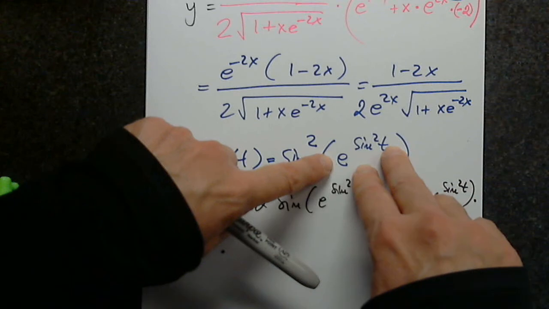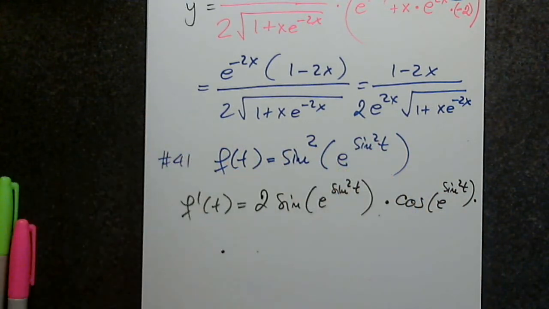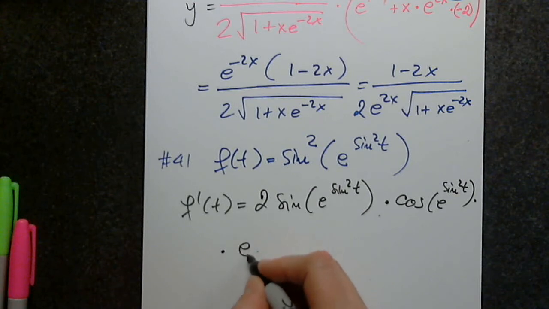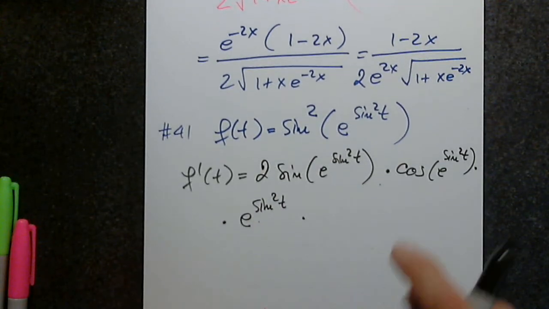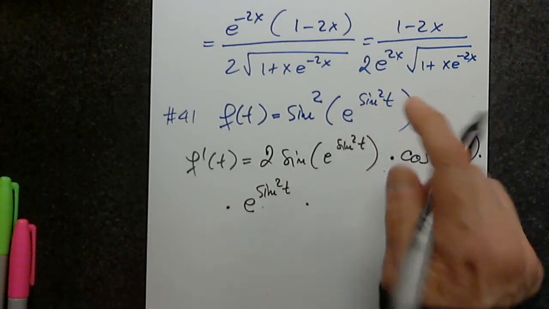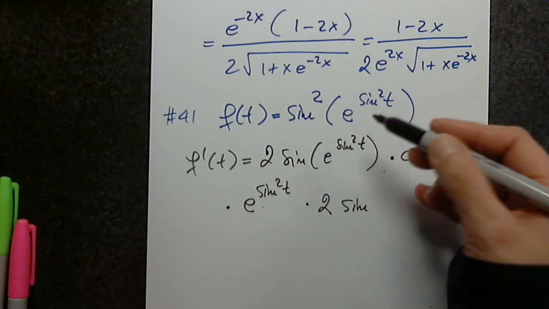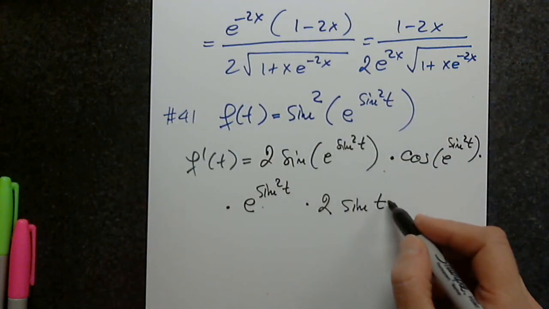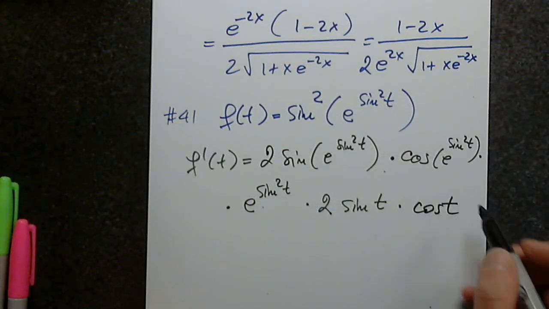I differentiate e to a function. What do I get? E to that function times the inner function prime. But it has a power, so it's 2 sine to 2 minus 1 times the inner function prime, which is cosine t.